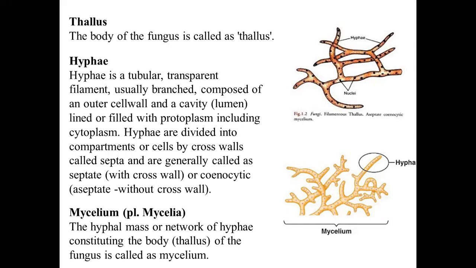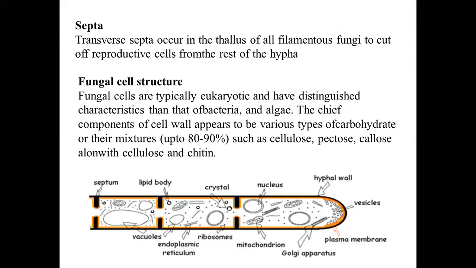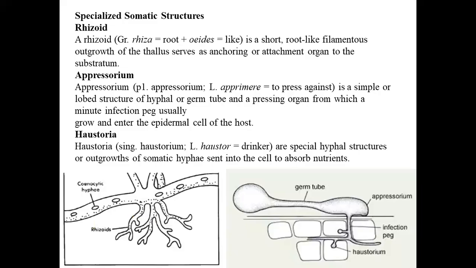So you have to write the major components: thallus, hypha, mycelium, septa, fungal cell structure, and the specialized somatic structures, that is rhizoids, appressorium and haustoria.